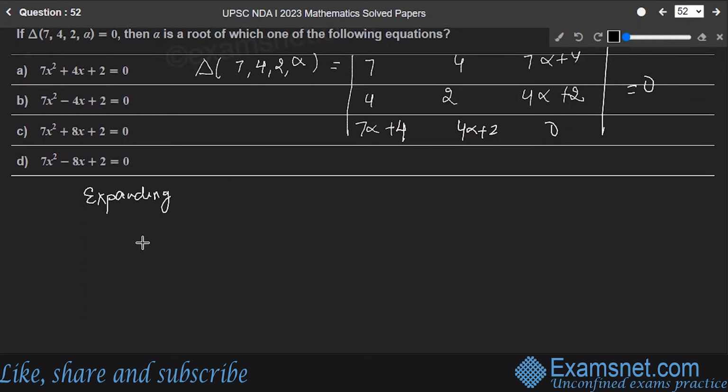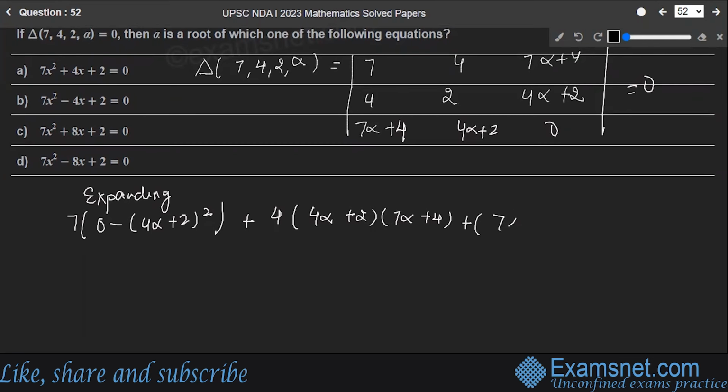You will say this will be 7 multiply 0 minus 4 alpha plus 2 square plus 4 alpha plus 2 times 7 alpha plus 4 plus 7 alpha plus 4, 16 alpha plus 8 minus 14 alpha minus 8.